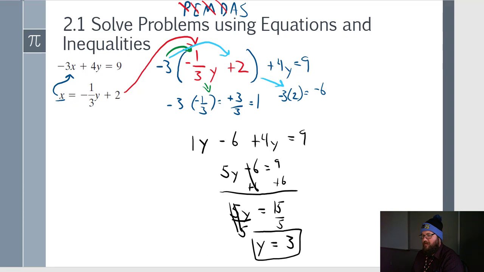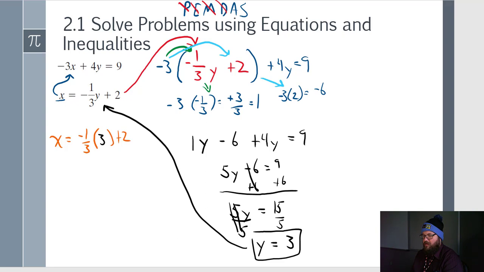Now we can take this value and plug it back in to this equation, alright? So let's do that. Let's see, I didn't use orange yet, I don't think. We'll use orange. So we have x equals negative 1/3, our y value that we're going to use is 3, plus 2.